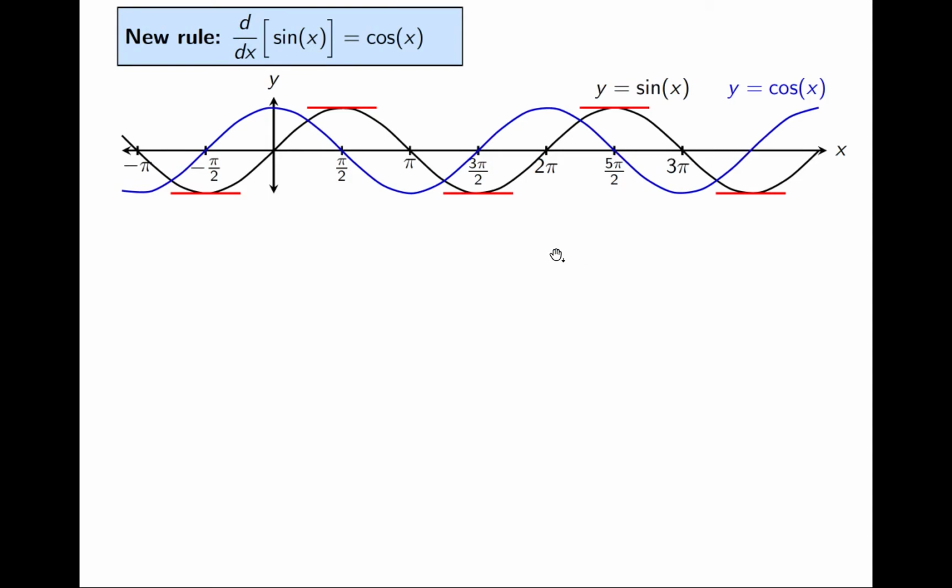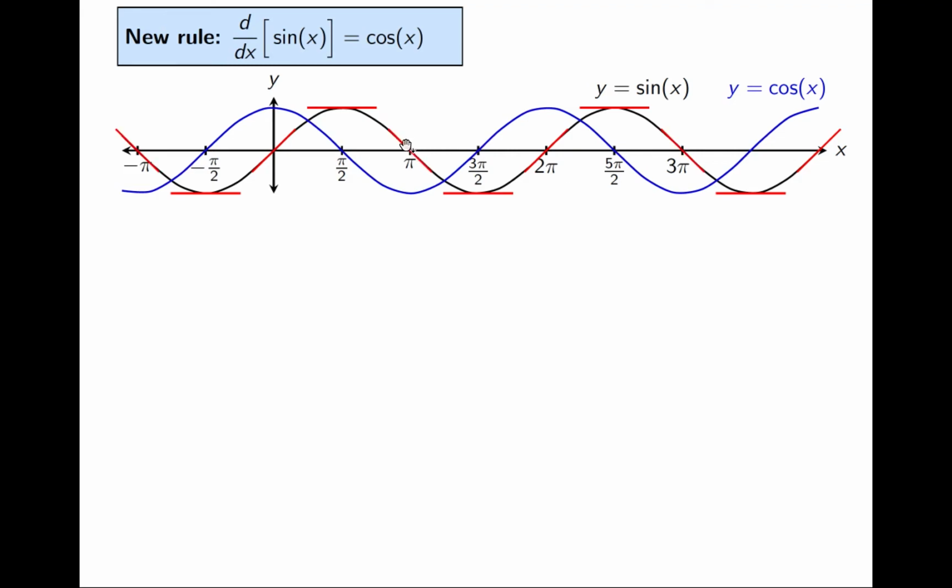Cosine of x is giving slopes of the graph of sine of x. Right here, it looks like sine of x has a slope of 1. And look, cosine of x is 1. Right here, at 2 pi, cosine is 1, and that seems to match the slope of the tangent line.